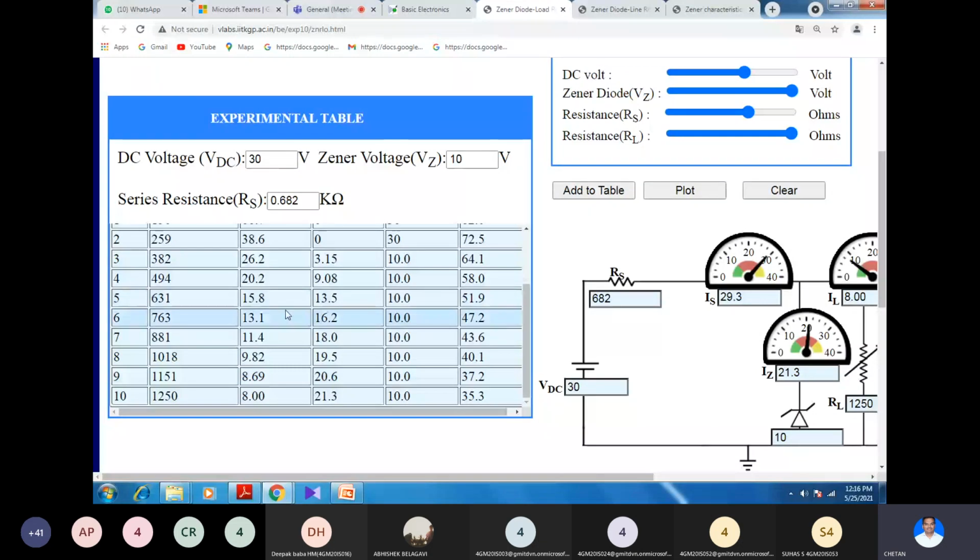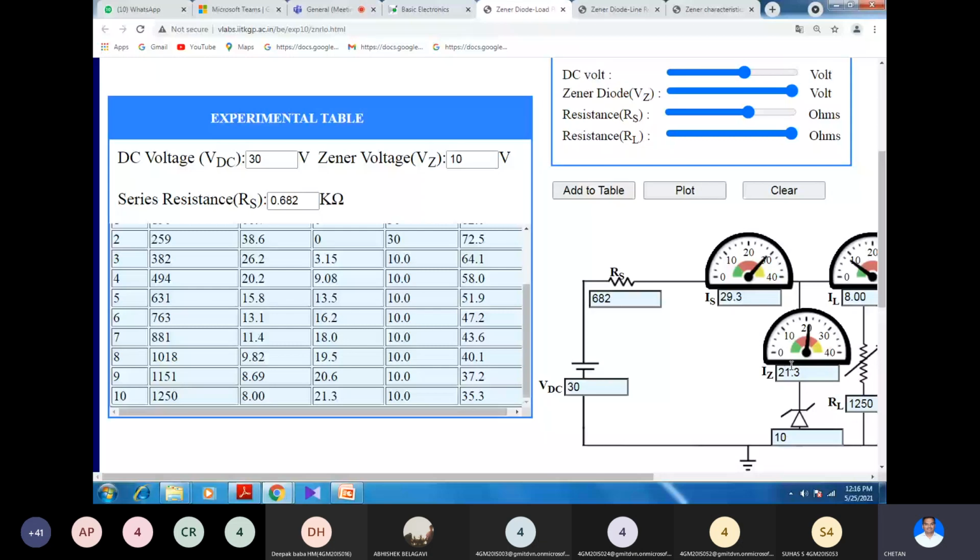But what is IS? IS is the sum of IL and IZ. Therefore, if IL is decreasing, this IZ has to increase to maintain the value of IS, right? Because IS is constant, it cannot decrease. If IL is decreasing, IS cannot decrease. Therefore IZ will be increased by equal proportions to maintain IS equals IZ plus IL.